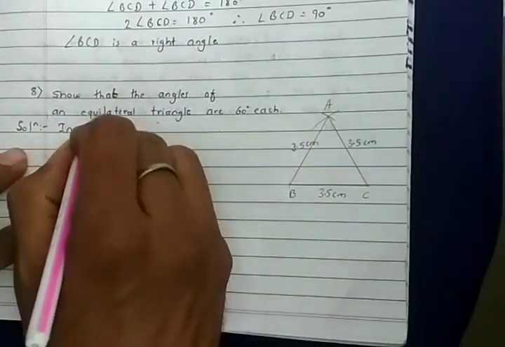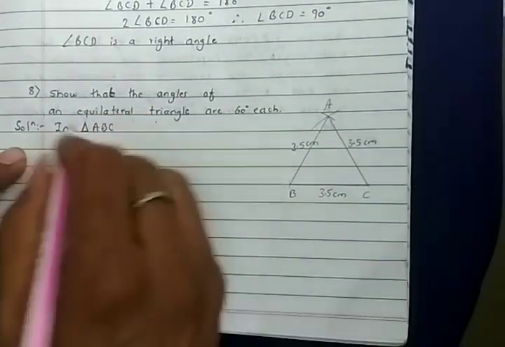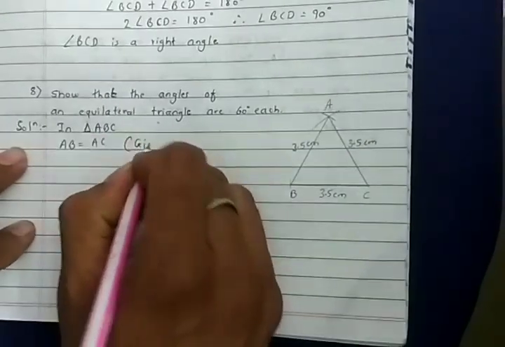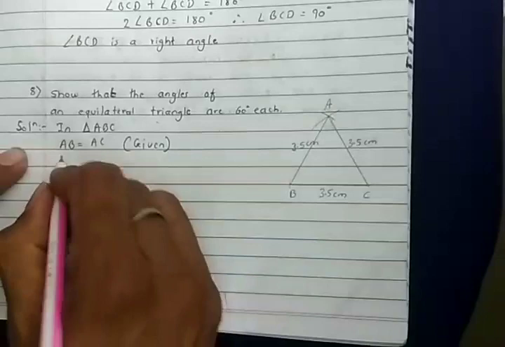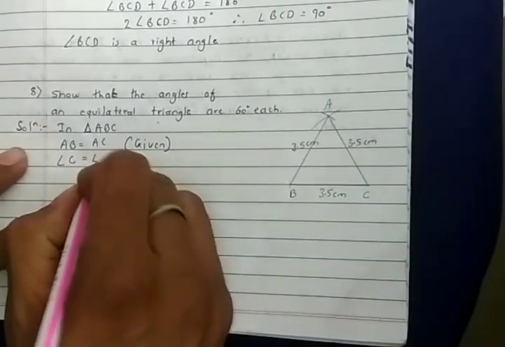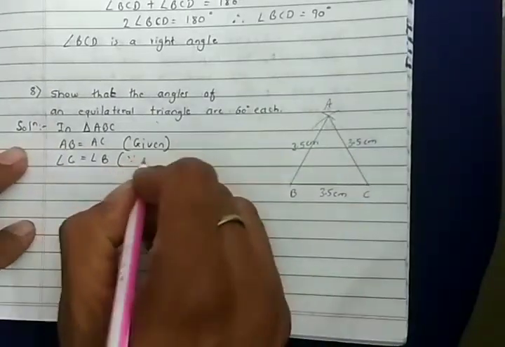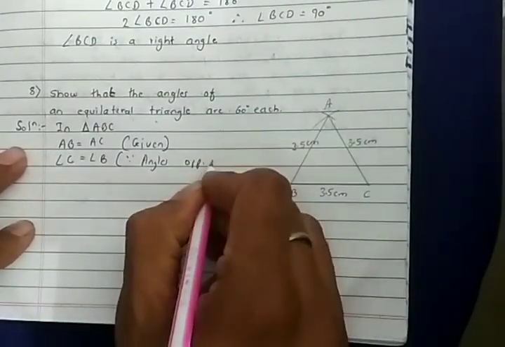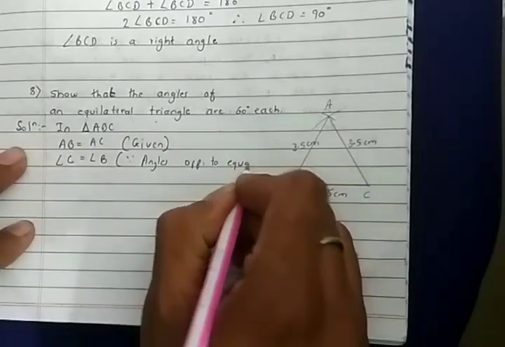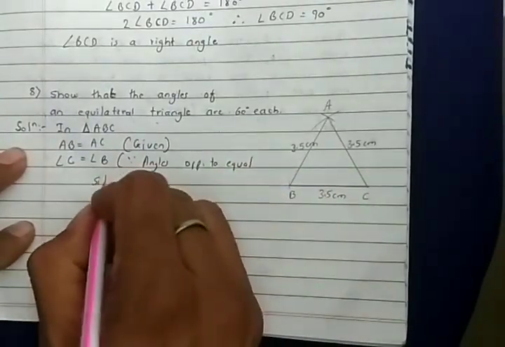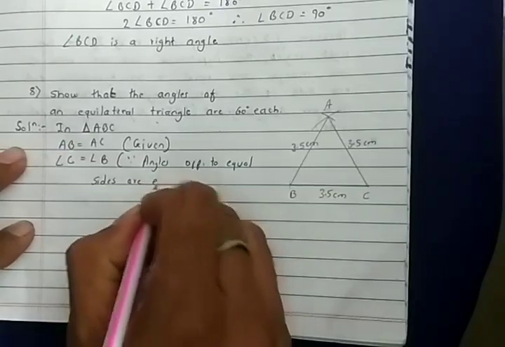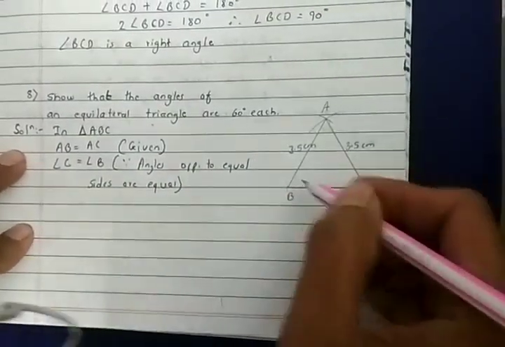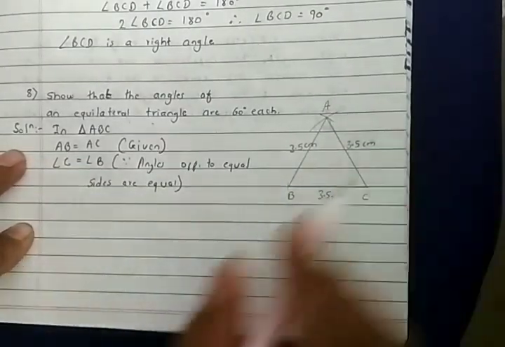Now in triangle ABC, AB is equal to AC. This is given, right? And angle C is equal to angle B. How can we say this? Because angles opposite to equal sides are equal, right? These two sides are equal, so these angles will be equal. Understood?